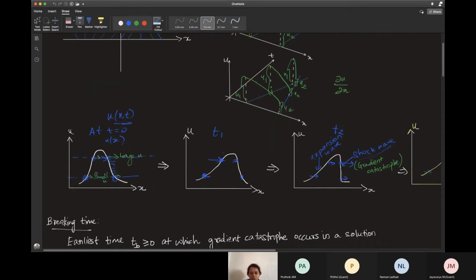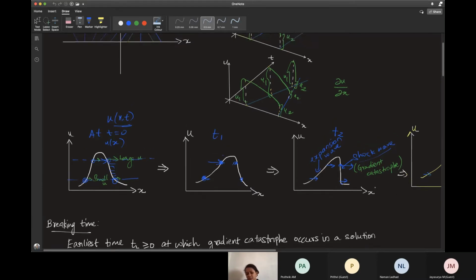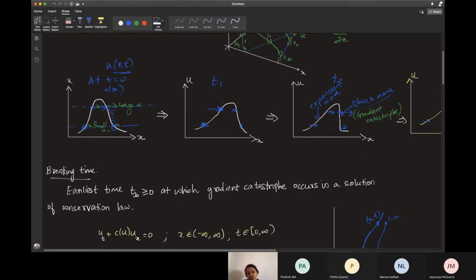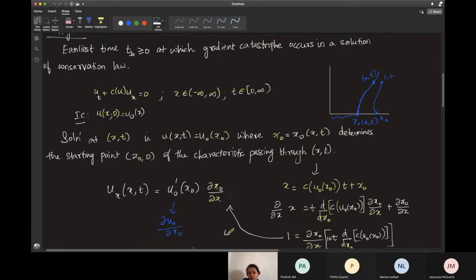And then we saw how the right side of a Gaussian curve becomes a shock wave and the left side of the Gaussian curve becomes an expansion wave because of the difference in velocity at different points. Then we saw breaking time, which is defined as the time at which gradient catastrophe occurs.